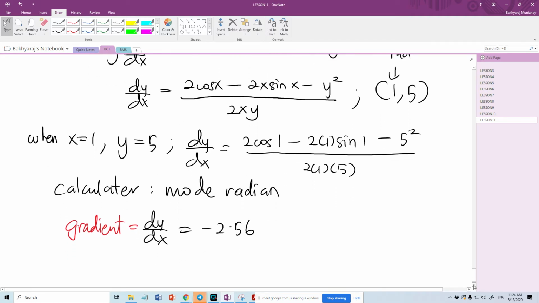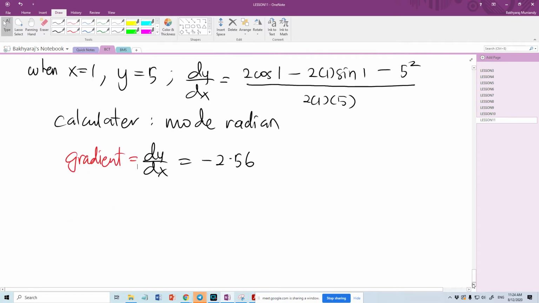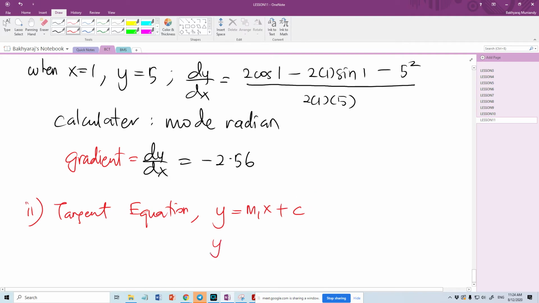Number 2, tangent equation. You have y equal m1x plus c. So you can get y equal negative 2.56x plus c.